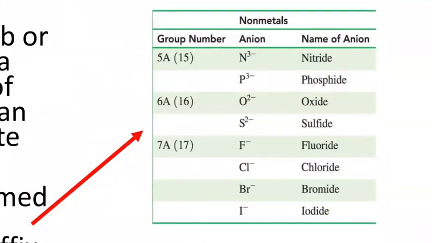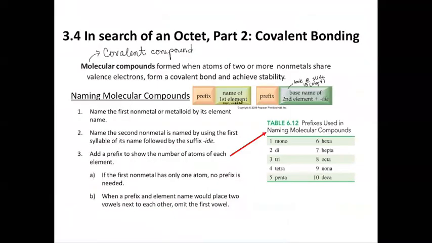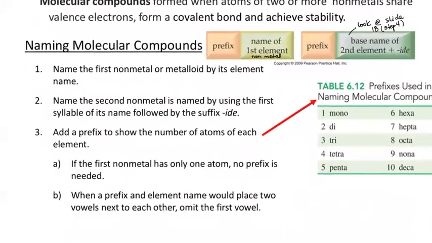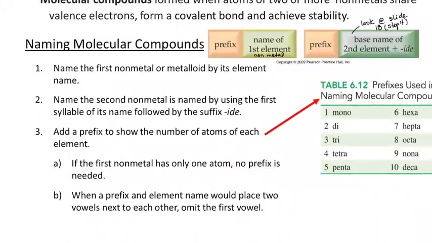That's where we get those names from, okay? So let's establish the rules for naming molecular compounds. We're going to name the first nonmetal or metalloid by its element name, okay? Then we're going to name the second nonmetal by using the table that I just illustrated.